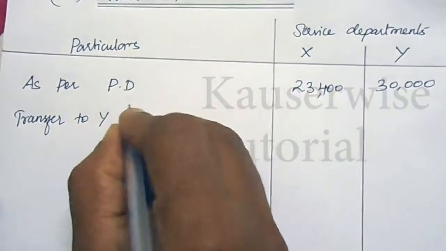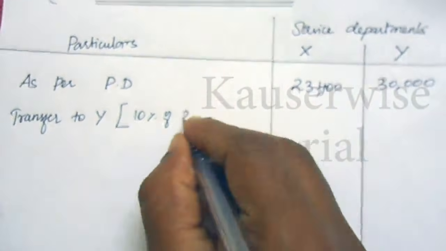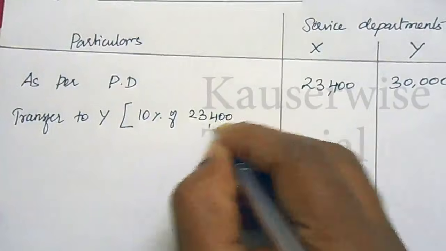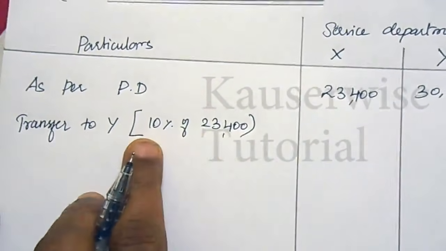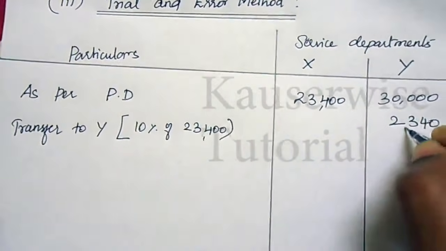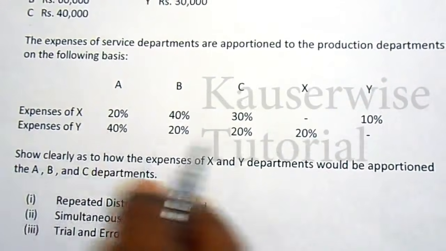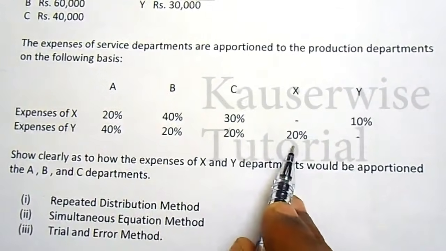That is 10% of X value, 23,400. So 23,400 into 10%, 2,340 transferred to Y.